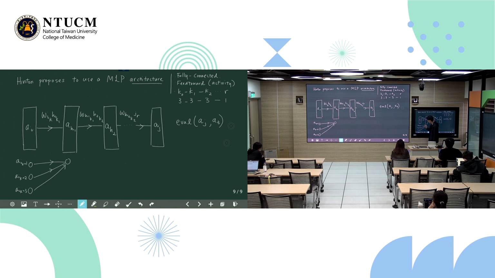And then these are the weights, W, I, K equals to 1, H1, K1 equals to 1. W, I, K equals to 2, but H1, K1 is still equals to 1. Draw it out. Okay?